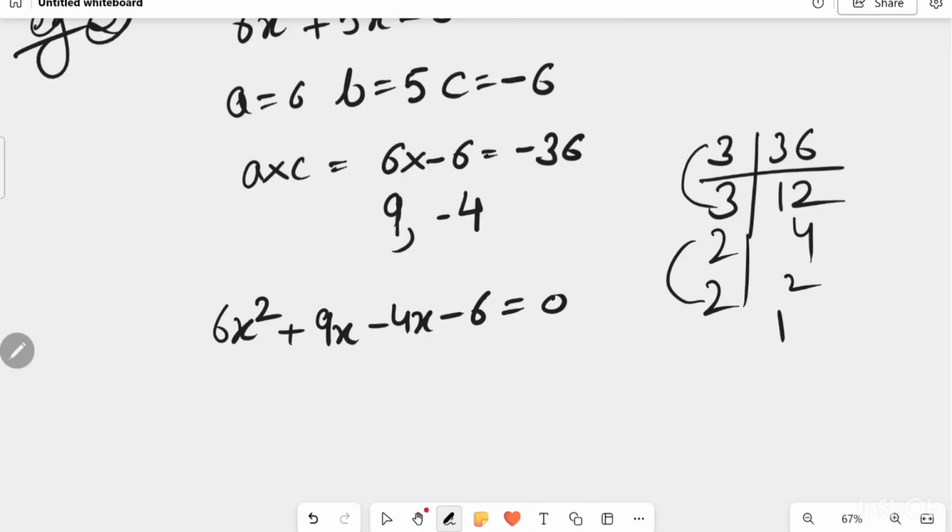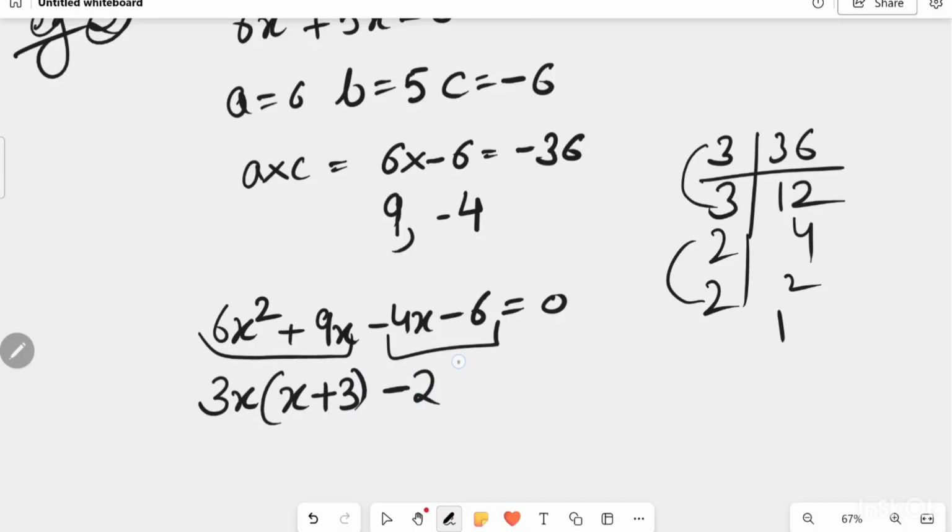We have split it in such a way that the sum of these two numbers is 5 and the product of these two numbers is minus 36. Now we will group, we will take these two together and these two together. Here, if we take 3x common, then what will be left? 2x plus 3. Here we will take minus 2 common.